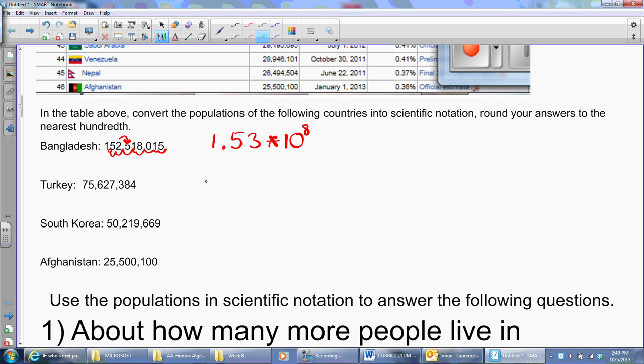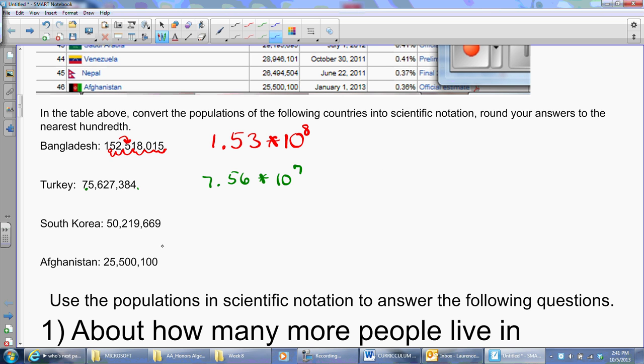in scientific notation. Now the population of Turkey in scientific notation. There's a decimal point. I need it to be here. Looks like my decimal will be 7 and 56 hundredths. And I'll multiply by 10, and I believe it's going to be to the 7th power. 2, 3, 6, 7. Yeah, okay.